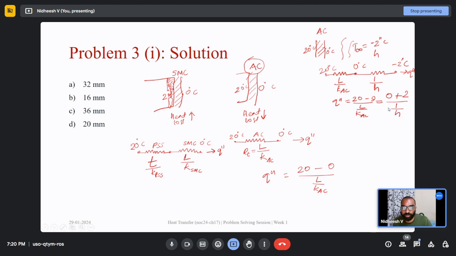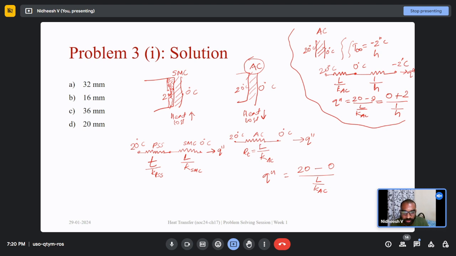So for the question at hand, that part is irrelevant to us because we need to find out only the thickness of polystyrene sheet, and we can find that with only this information. Is that clear? Yes, sir. Okay, so in this case how can we find out? We know that the fluxes are equal.